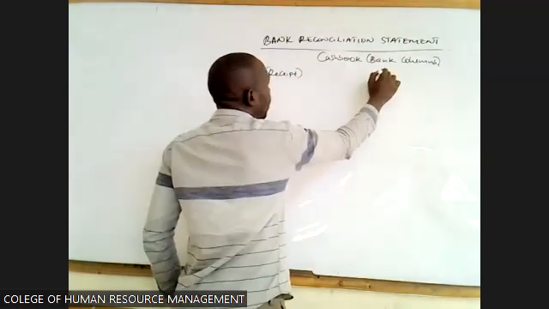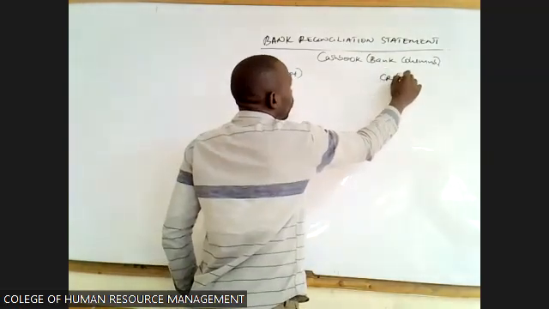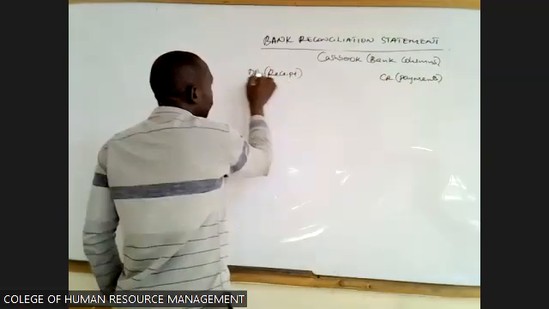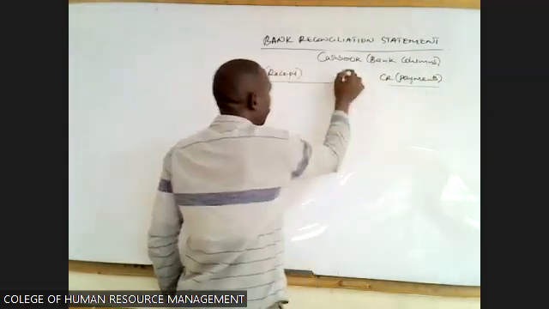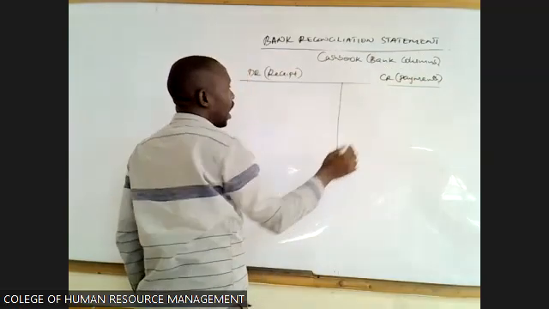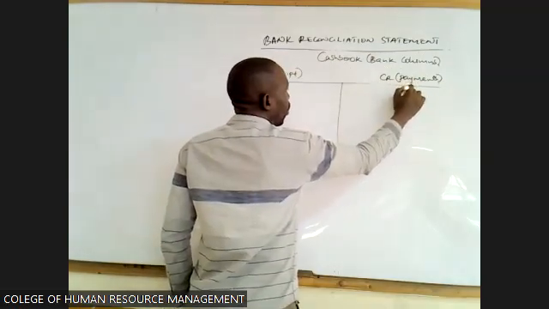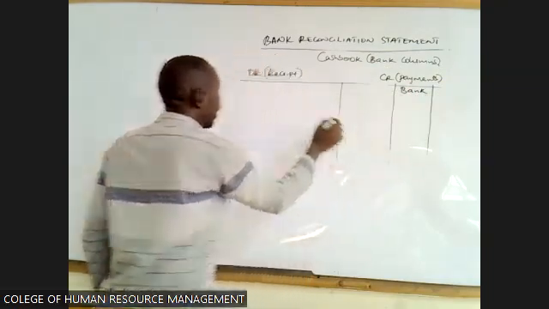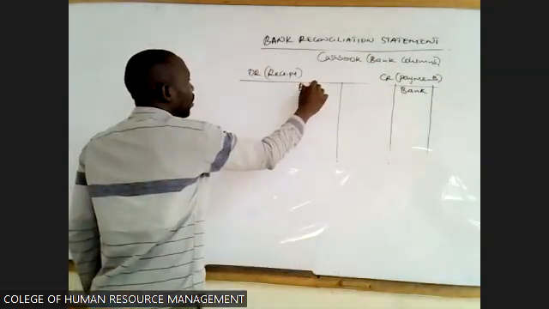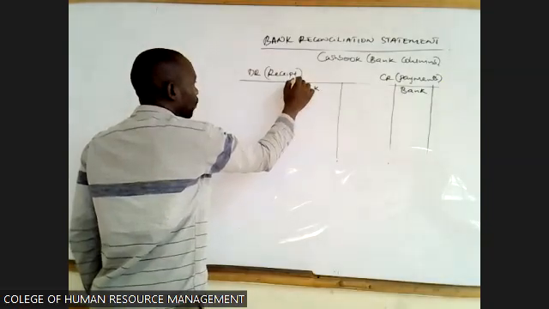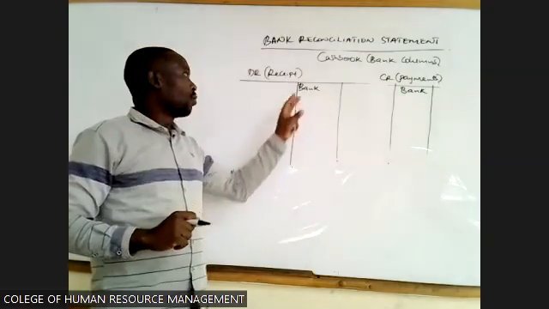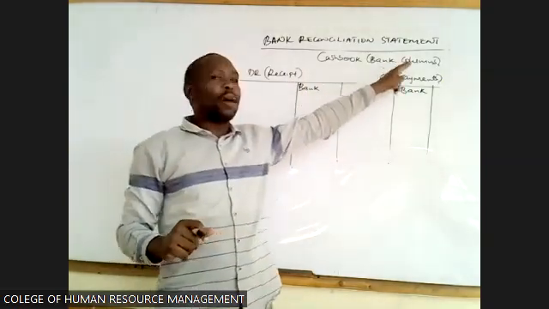We have the credit side, which records the payments. Our interest is only on the bank of the payment side and the bank on the receipt side. These are the two columns we are interested in, only the bank columns.